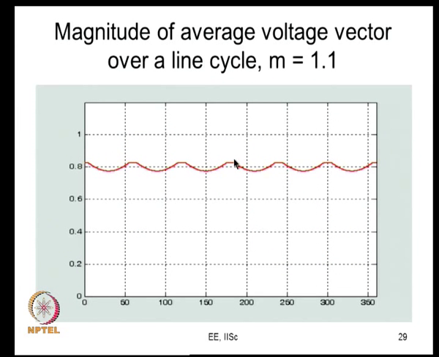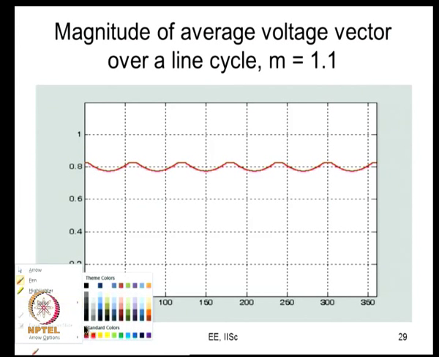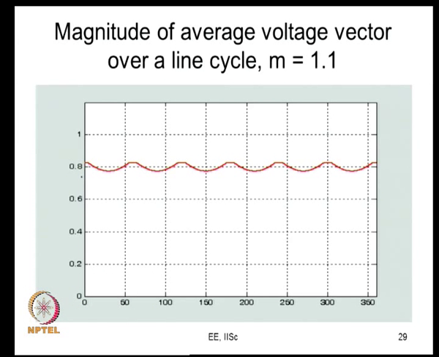Now, what happens? The magnitude varies like that. When m is equal to 1, I will take a different color so that it does not mess up with that. At m equal to 1, I am not drawing it very clearly, it should be really above this. This is how it would have varied and this would be constant.